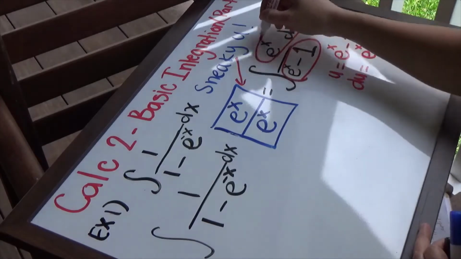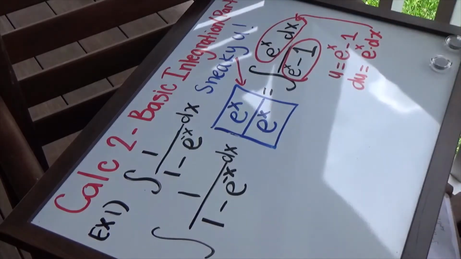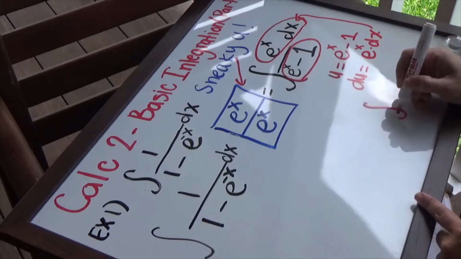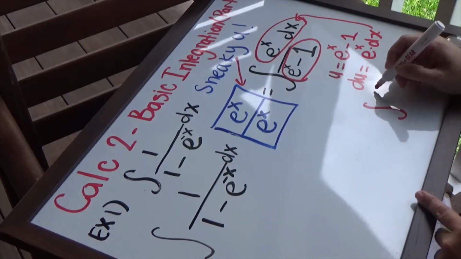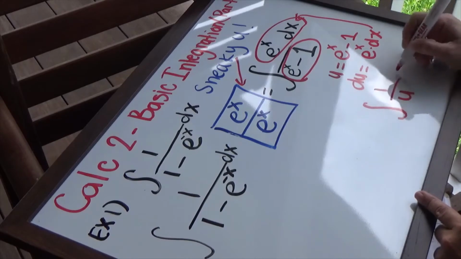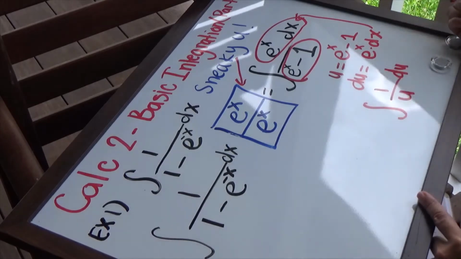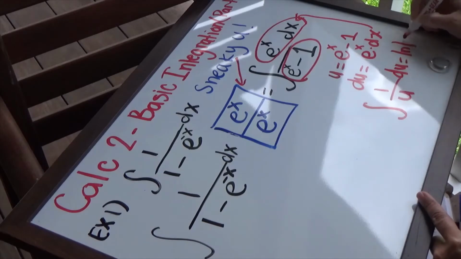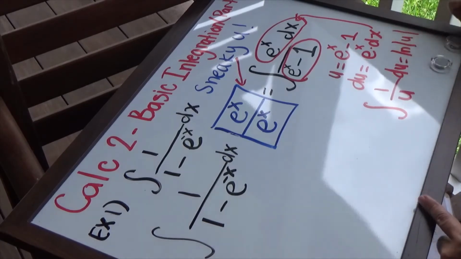How nice. That's right there. That's the u. Okay, so this integral then becomes the integral of 1 over u du, and that's the one that we know. That is ln of absolute value of u.